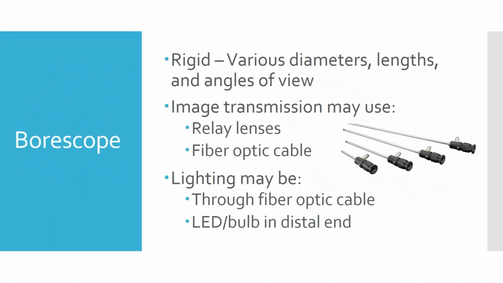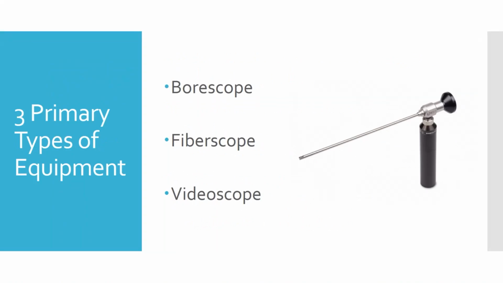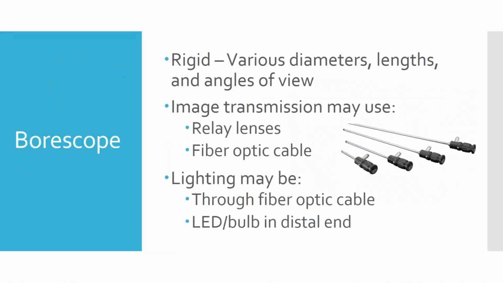But what do they mean? A borescope is by definition a rigid scope that we can put in. This one that was on the page before is a very small borescope, with some bigger ones shown there.